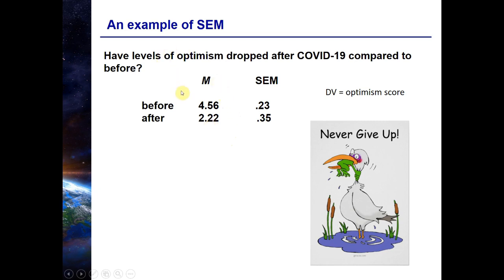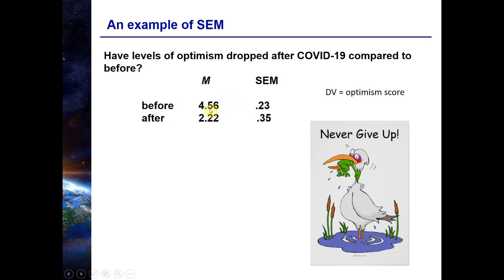But let's say we wanted to look at optimism before and after the campus closed because of COVID, and we used the optimism scale that I developed for the survey, and I believe it goes 1 to 6, I want to say. Could be 1 to 5.